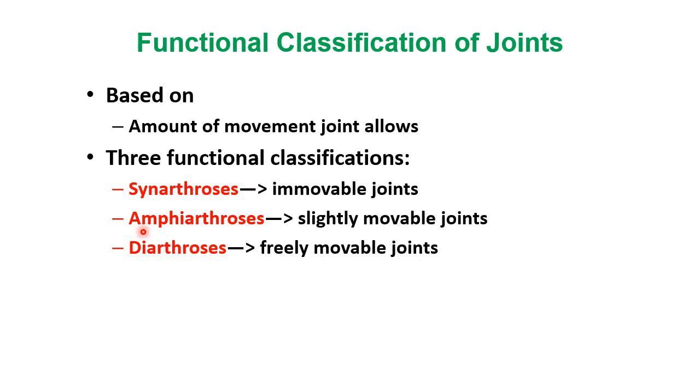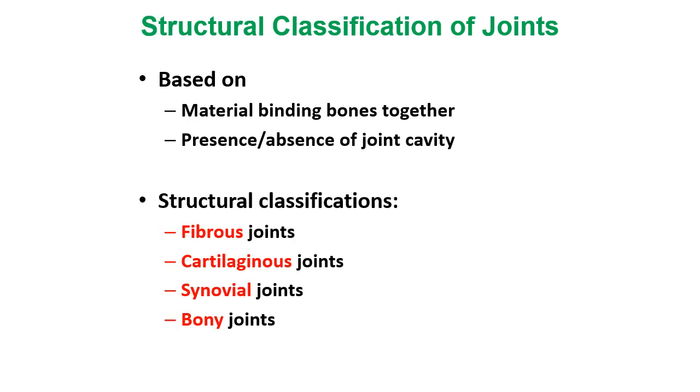So it has a little bit of movement, but not really significant movement. Okay, so those are the amphiarthrosis. And then you have the real movable joints. Those are your diarthrosis. Okay, so when you see diarthrosis, those are your freely movable joints, also called synovial joints.